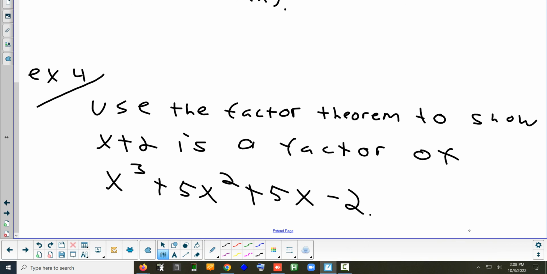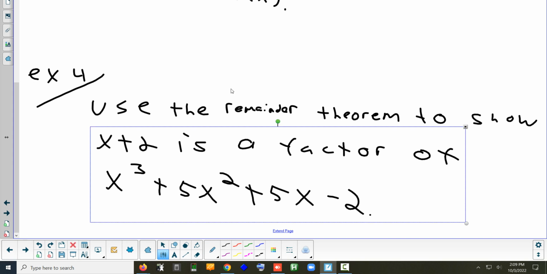Okay. So now this problem says use the remainder theorem. So that's what you just learned. If you see any directions in the homework that say use the factor theorem, it's the same as the remainder theorem for what we're doing. So just ignore that it says factor theorem and just pretend it says remainder. So use the remainder theorem to show that x plus 2 is a factor of this.